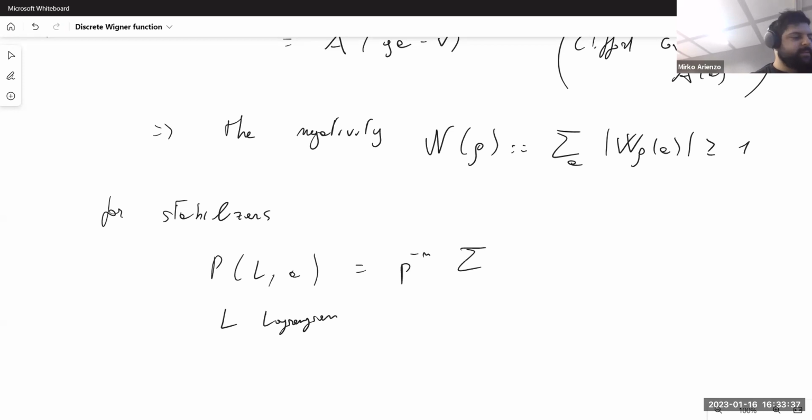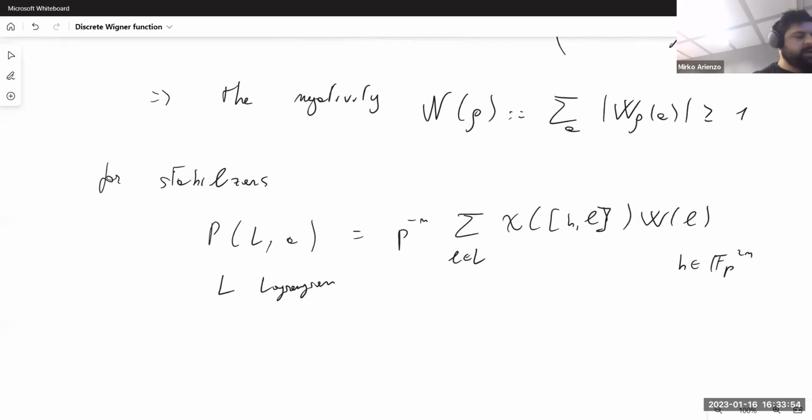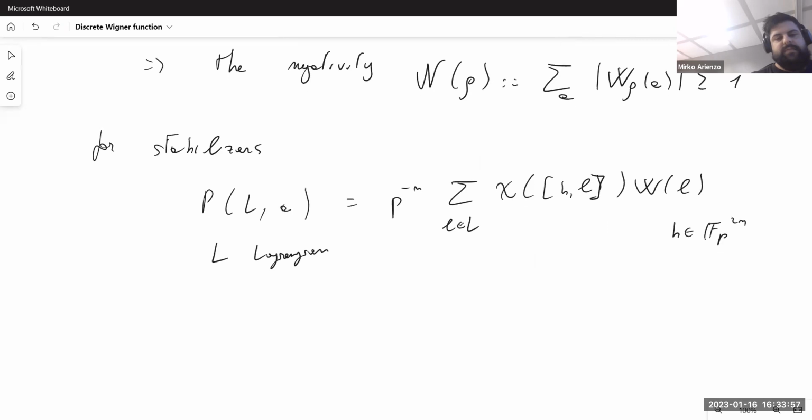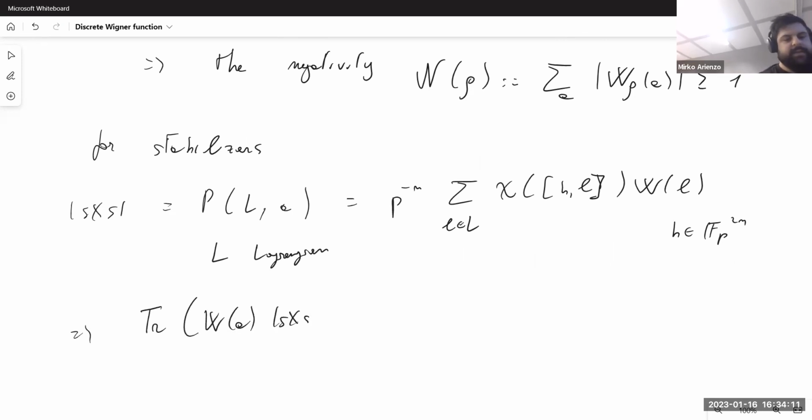So we have the sum over L, and then we have the character, and then H L, W L, where this H is a phase space point. And then, given this definition of this projector, we can first evaluate the characteristic function. So we have the trace of W A times the state.